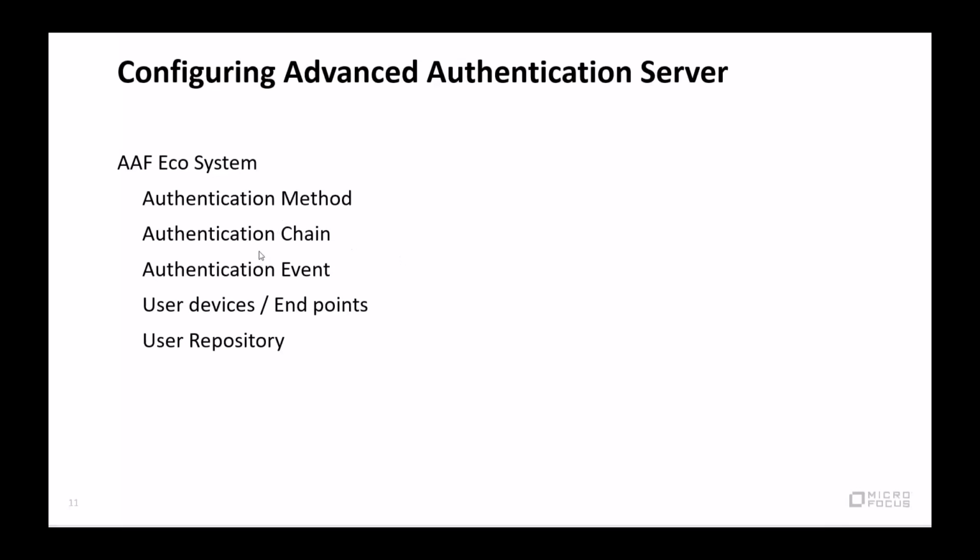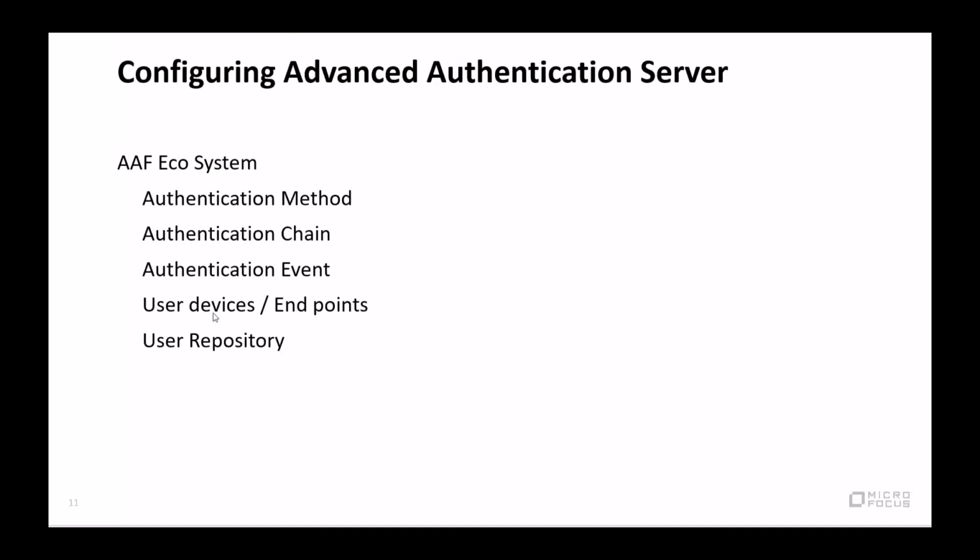What is an authentication chain? Once we combine one or more authentication methods, it forms a chain. A user must pass all the methods in the chain to get successfully authenticated. A chain can be created for a single user, or it can be created for a group of users as well.